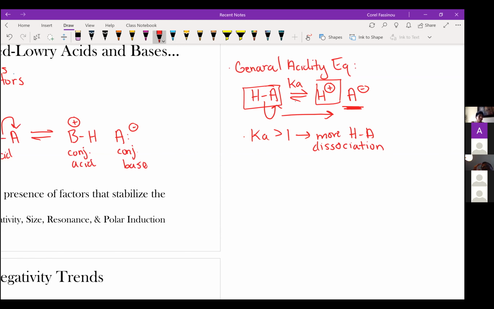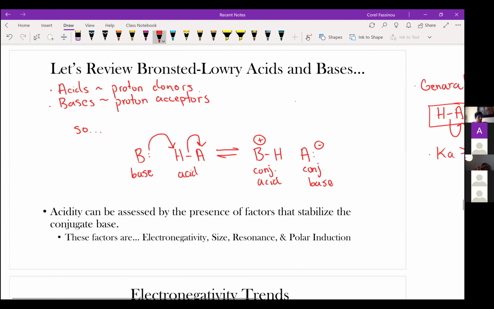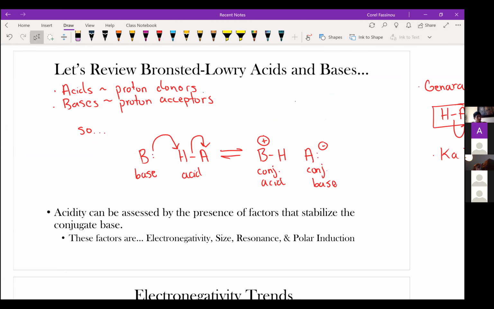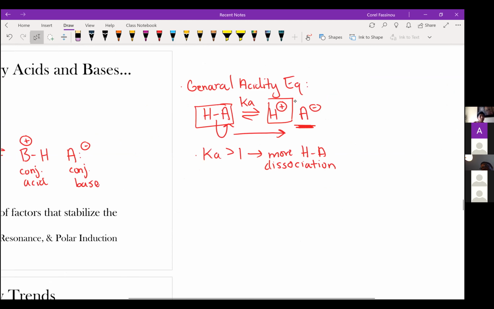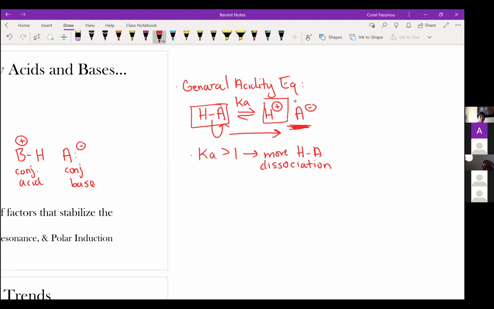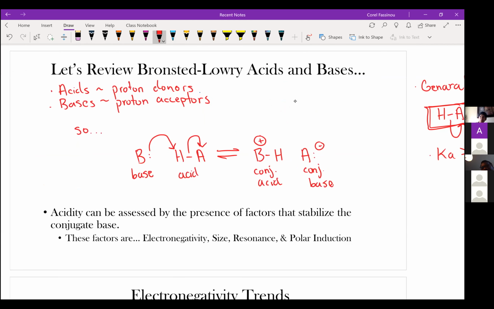So using that train of thought, we can realize that acidity can be assessed by a couple of factors that are going to stabilize that conjugate base. The more you can stabilize this conjugate base, the more acidic HA is going to be. These factors are going to be things like electronegativity, size, resonance, polar induction.